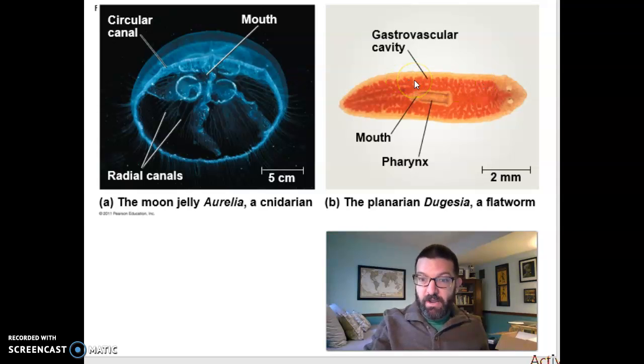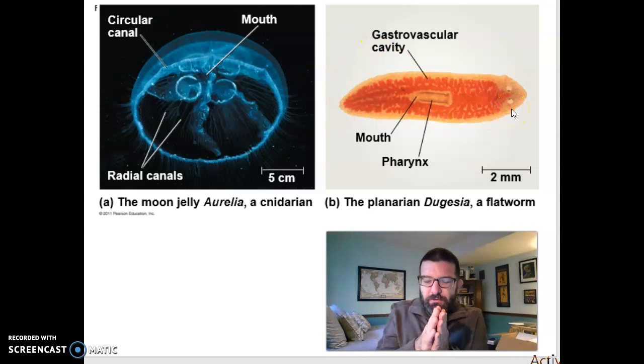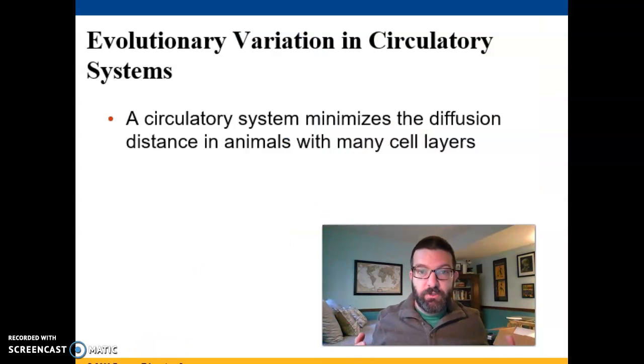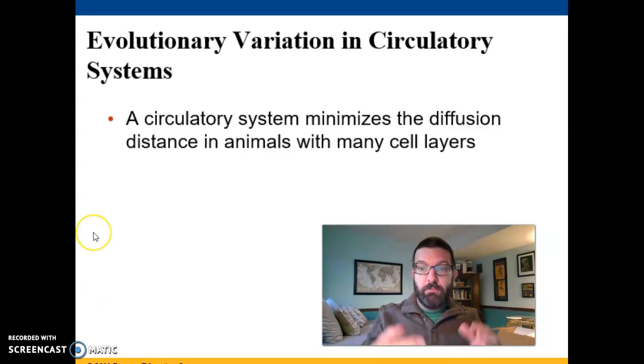They do have a gastrovascular cavity, which water can move into oxygenated and get delivered to all of these cells. But also, because they're so flat, they have a fair amount of surface area for their volume, and they're very tiny, and so they can do a lot of exchanging of gases on the outside of their skin too.